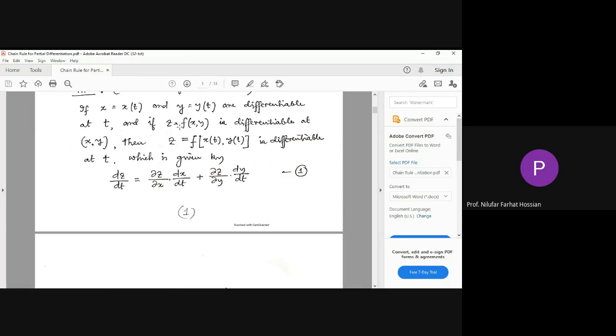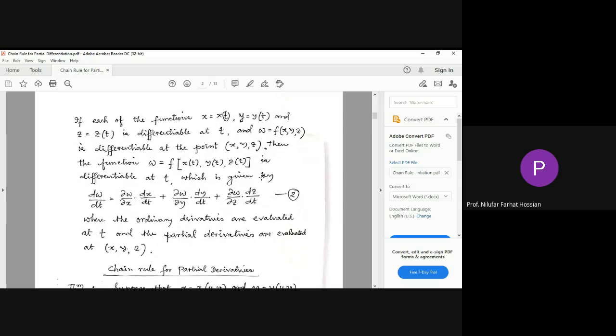But if you have a function, say w is a function of x, y, and z, in that case, dw by dt will have three terms. For the three variables, there will be three terms. So it will be del w by del x into dx by dt plus del w by del y into dy by dt plus del w by del z into dz by dt.